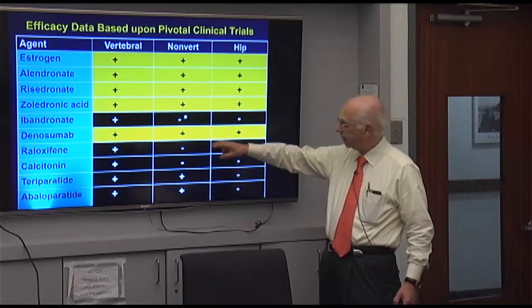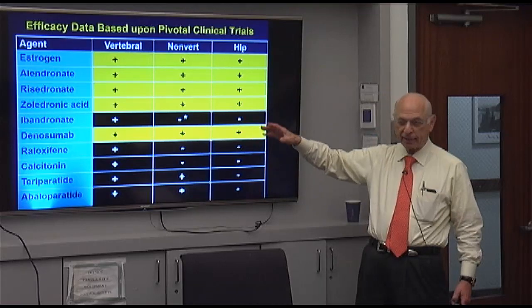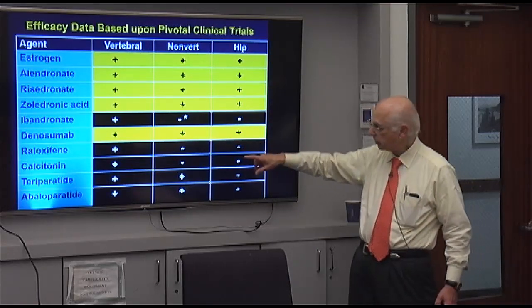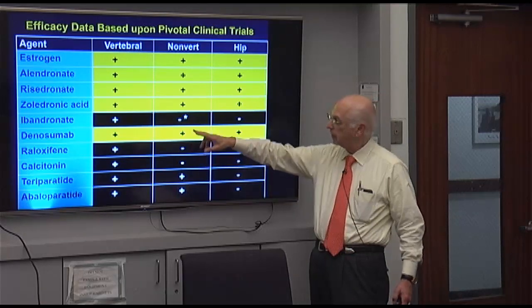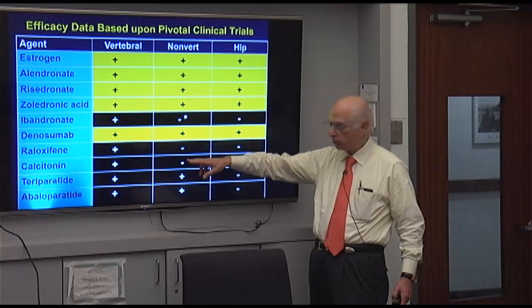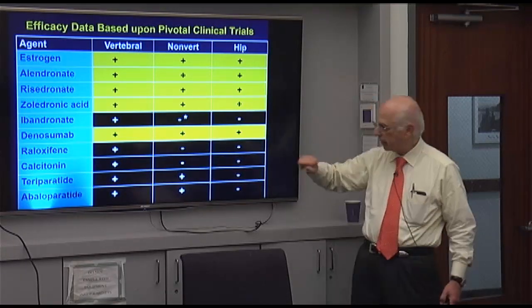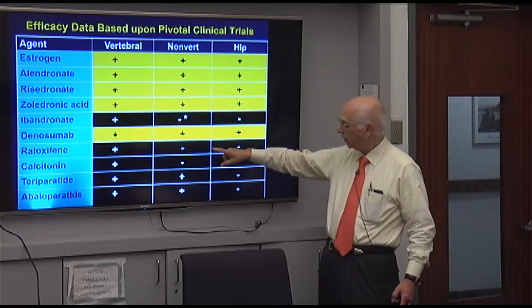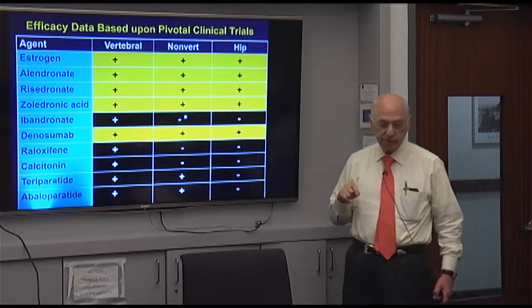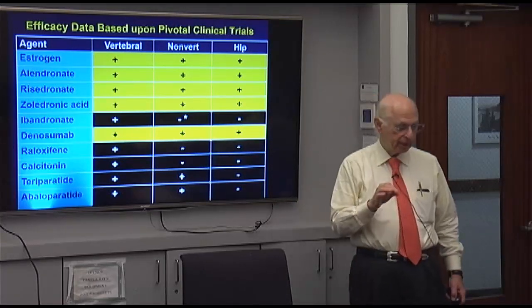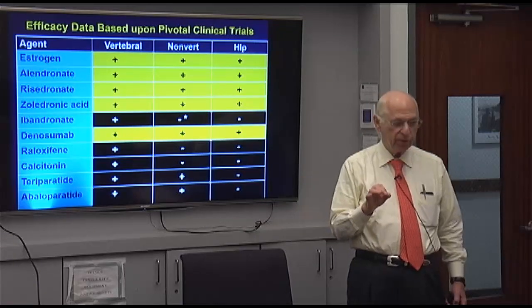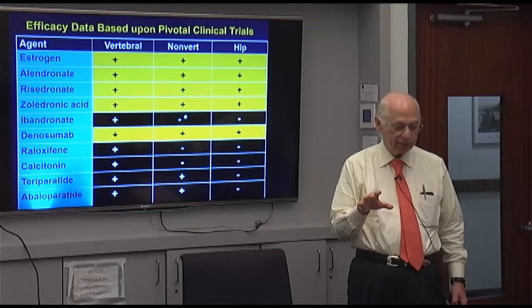Okay, so denosumab, we call it affectionately DMAB. It gets pluses across the board. Raloxifene, vertebral. Calcitonin, vertebral. Teriparatide and abaloparatide get pluses. Now, when you see the negative dashes, don't misunderstand this. It doesn't mean that the drug doesn't reduce hip fractures. That's not what the dashes mean.